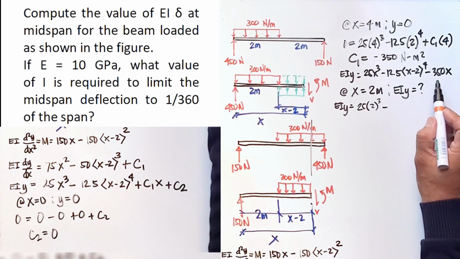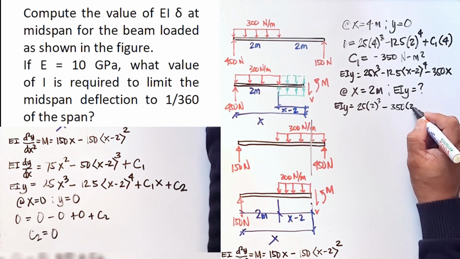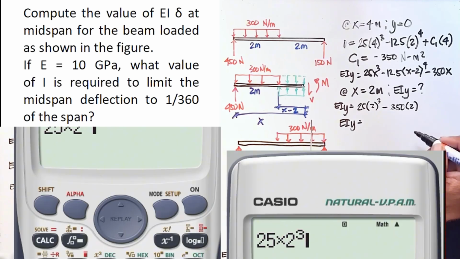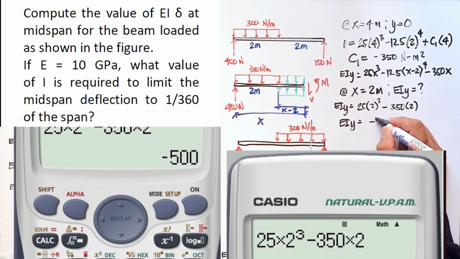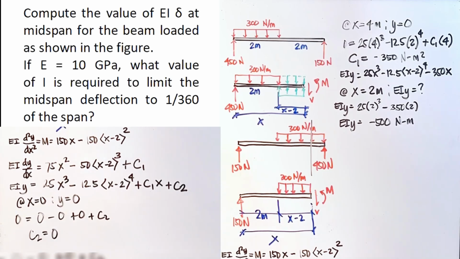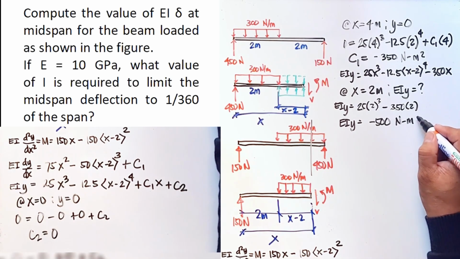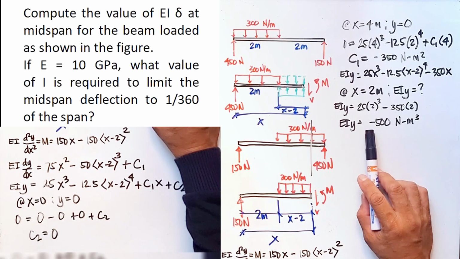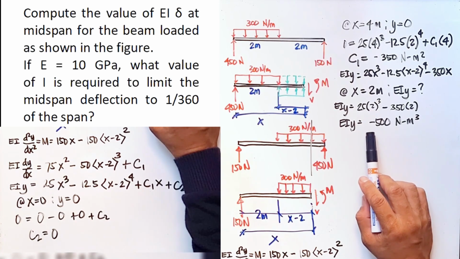I'll go directly here, 350 times 2. And this will give you negative 500 Newton meter cube. Okay, so the negative sign only indicates that the elastic curve is below the original position of the beam.